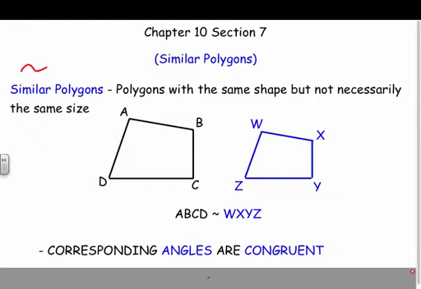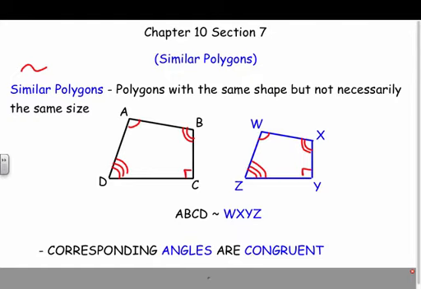So for example, angle A is congruent to angle W. Angle B is congruent to angle X. Angle C, which happens to be a right angle, is congruent to angle Y. And angle D is congruent to angle Z. And that's why they match up. So A matches up with W, B with X, C with Y, and D with Z, because they're congruent to each other. So corresponding angles are congruent in similar polygons, right?